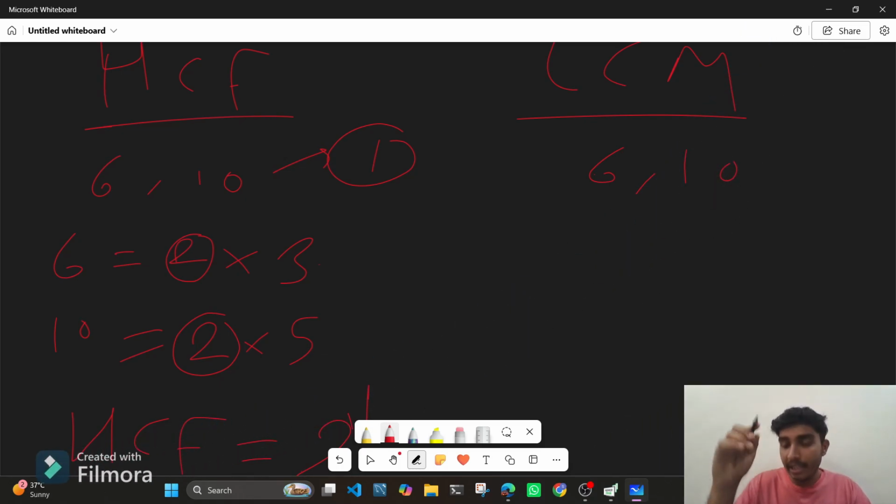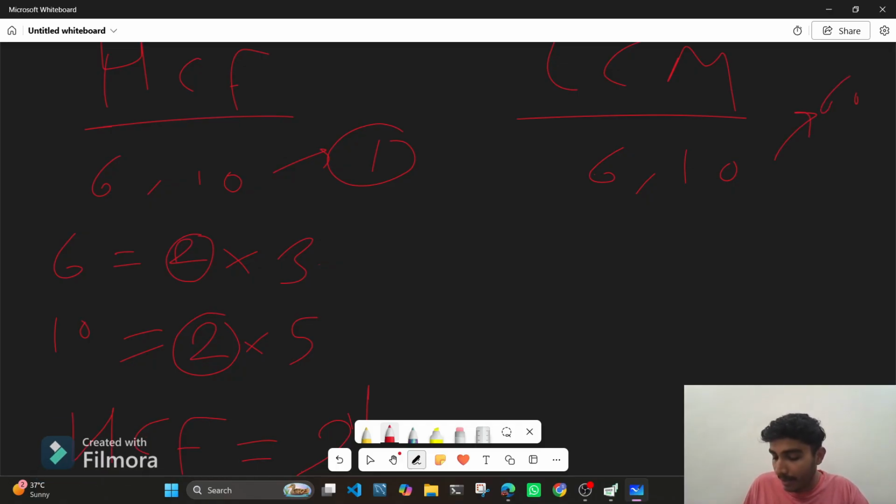If we take 60, 60 is also divisible by 6, because 6 times 10 is 60, and 10 times 6 is 60, but that is not the least number we have. There may be numbers less than 60, so that is why we need to find the least common multiple. How do we find it?